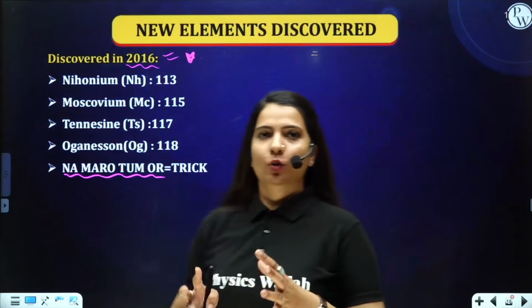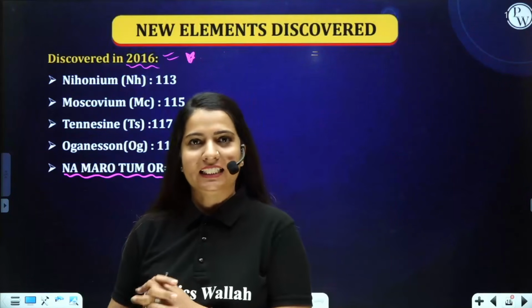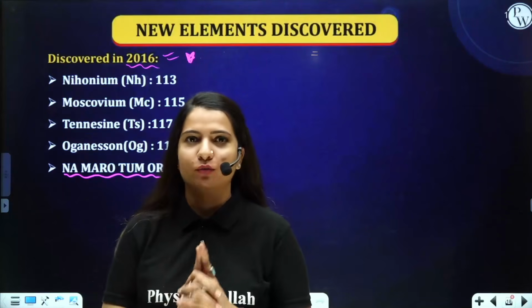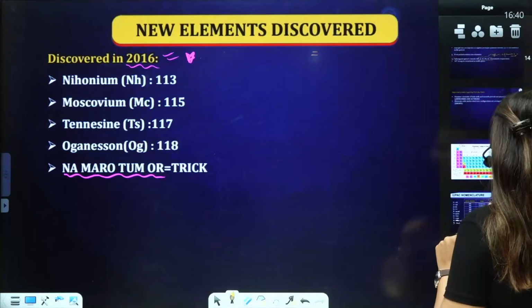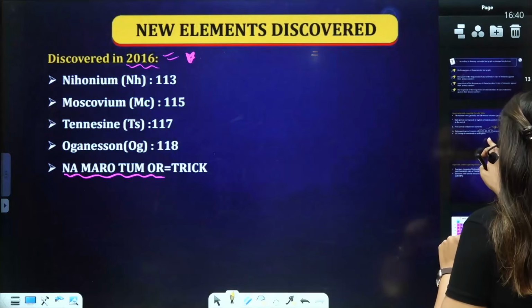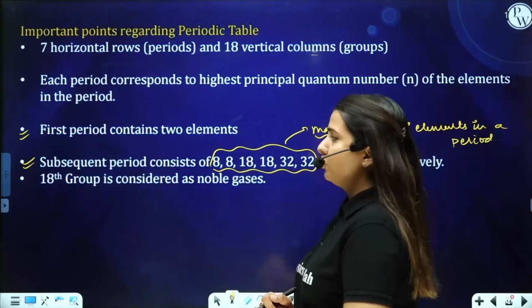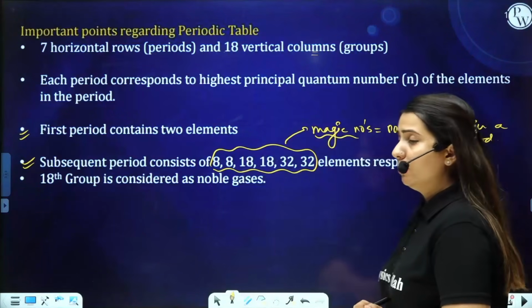So we know all of the elements which were discovered in 2016. This question has come in the respective examination of the JEE. So let's move forward. Before moving forward, I want to explain one of the points present here. See, the first period contains 2 elements. After that, the subsequent periods consist of these numbers of elements.